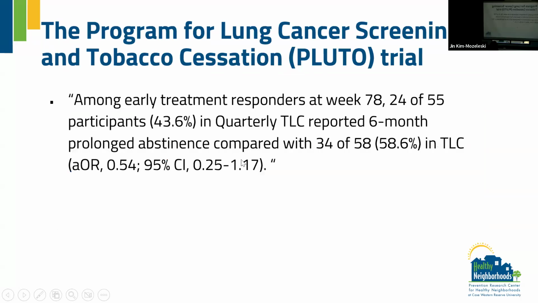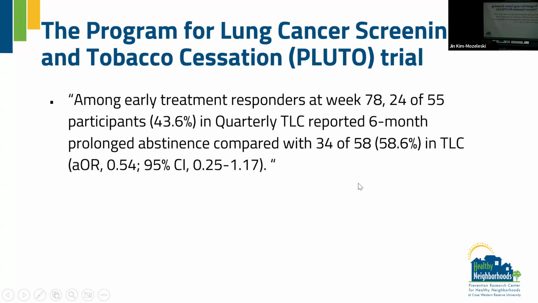And then for people who did respond, among early treatment responders, 24 of the 55 participants in quarterly TLC reported 6 months prolonged abstinence compared with 34 of 48 in TLC. So that odds ratio is not significant, but we can see that there is a difference in the response rates here. 43% if you drop down to quarterly versus almost 60% if you stay with it.